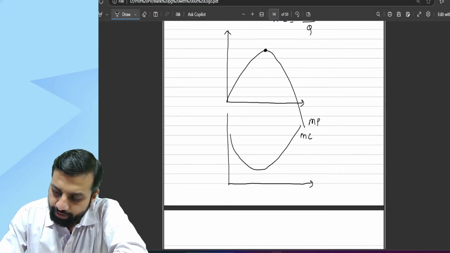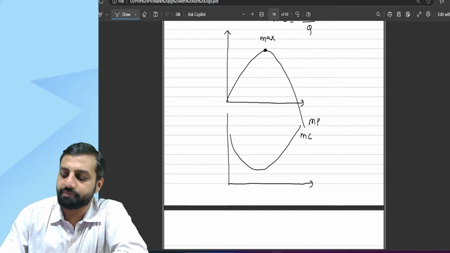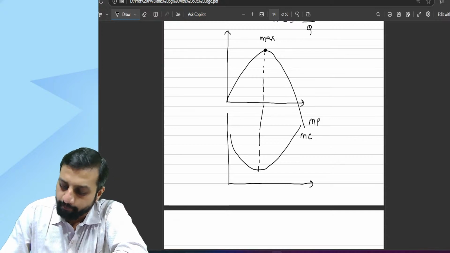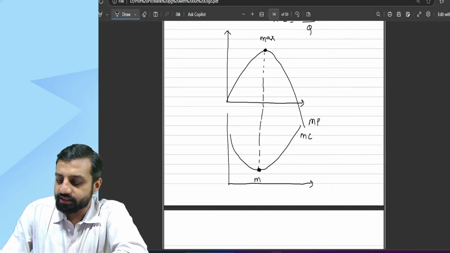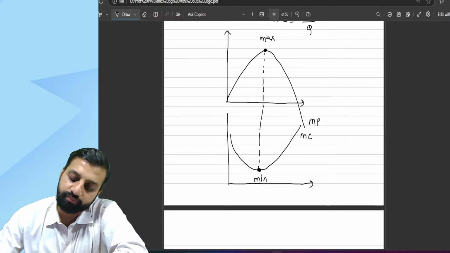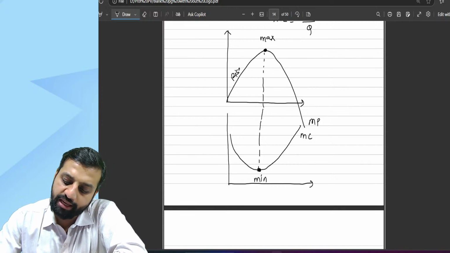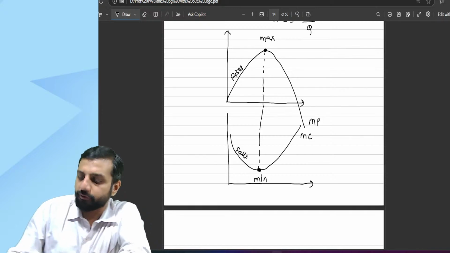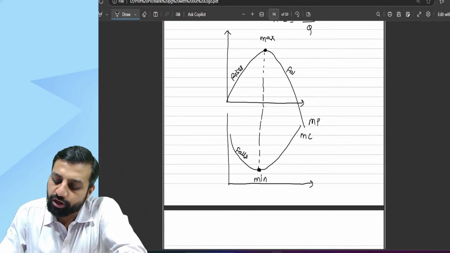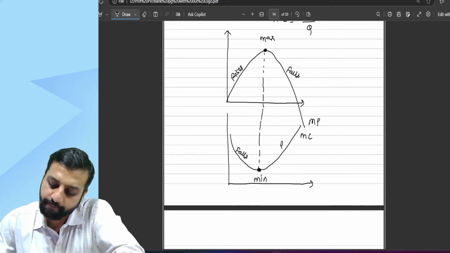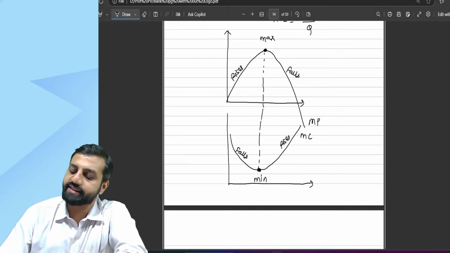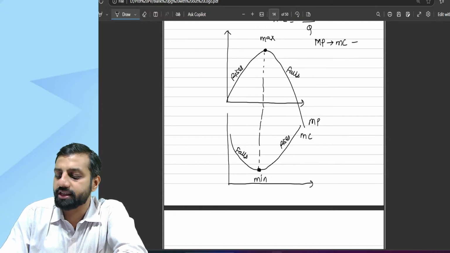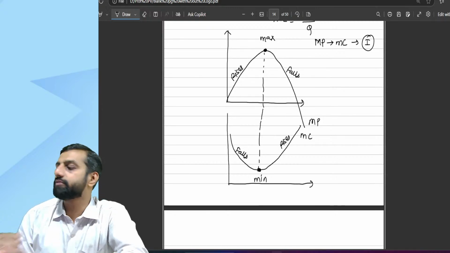Now when MP is maximum, MC is minimum. Over here MP rises, MC falls. Over here MP falls, MC rises. So the relationship between MP and MC is inverse.